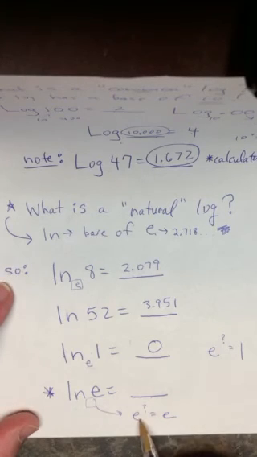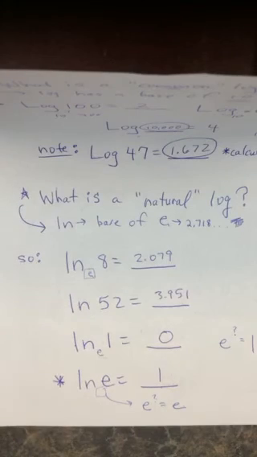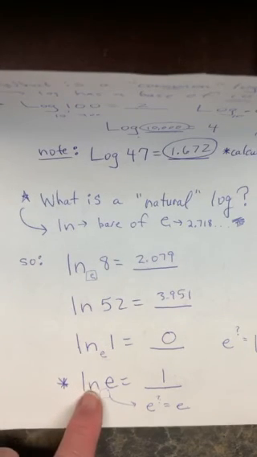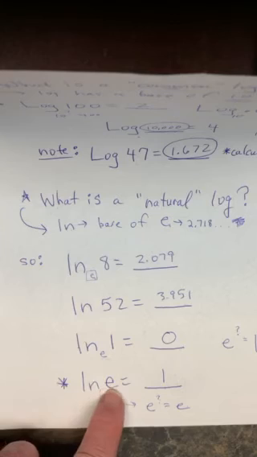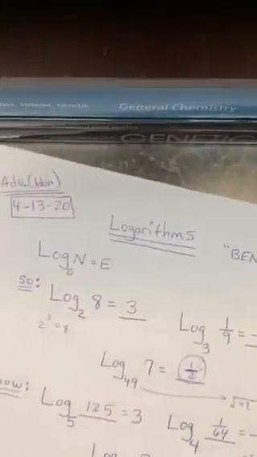Oh, well, obviously, if I take E and raise it to the first power, it's going to stay E, isn't it? So, guys, remember when we start solving equations in a couple of days, if you ever end up with the ln of E on your paper, it's really just the number 1, okay? All right, that's a pretty good introduction to just good old logarithms.